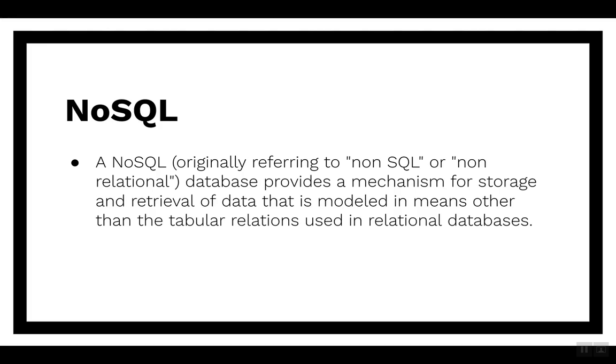Not that new, but they are beginning to be implemented in various production systems. The graph database uses graph structures to store, map, and query relationships. Alright, so let's move ahead.